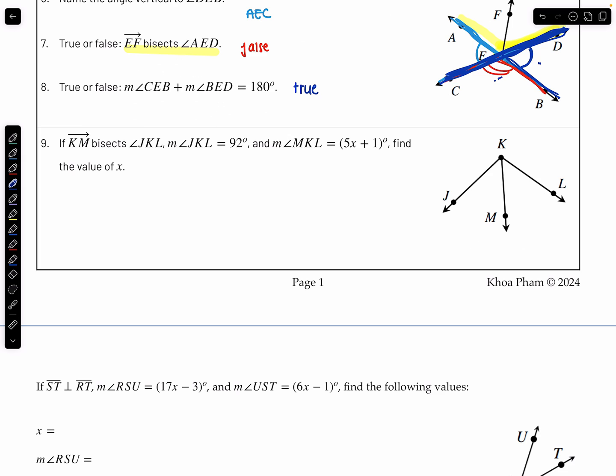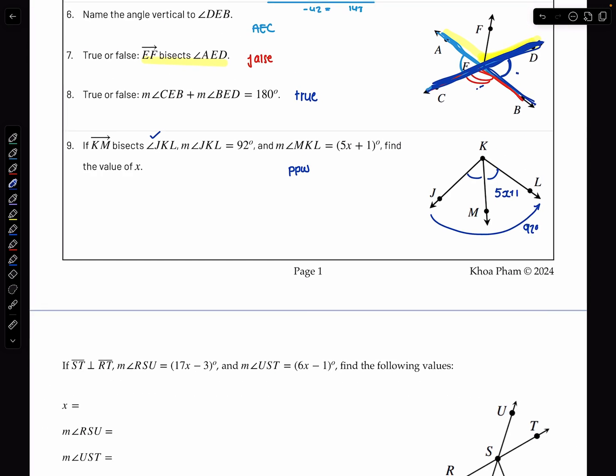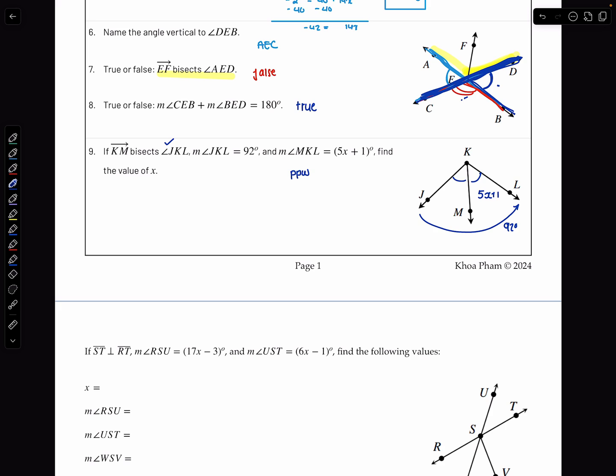KM bisects JKL, so part equals part. Put in your wedges, check mark. JKL is 92 degrees, which is this one right there. That's my whole. And MKL is 5x plus 1. This is another PPU question. It's not part equals part because I'm given the whole.